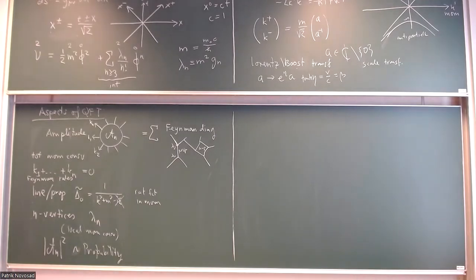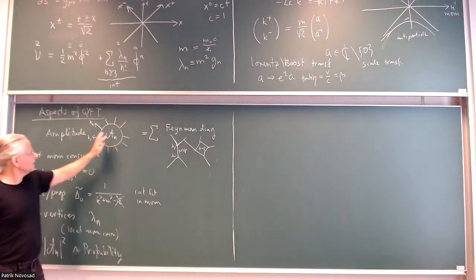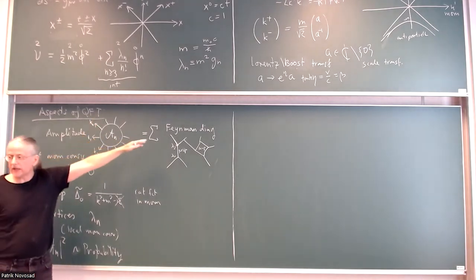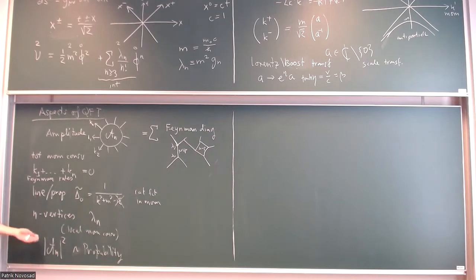So in quantum field theory, you have some amplitudes, which there are some rules to calculate, and the square of this gives, roughly speaking, the probability that something happens. We will not be so concerned about exactly how to normalize this, because we are in the game of finding out when there's no probability.